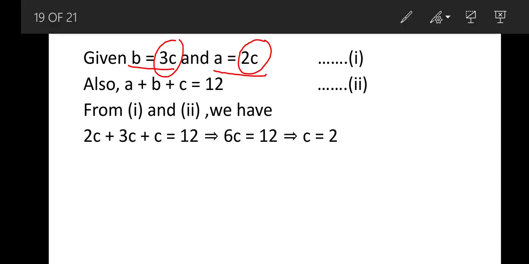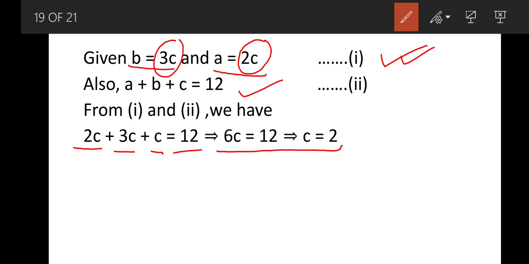I have taken the value of A as 2C from this equation, B as 3C from this equation, and C as it is, because the units digit is C. The sum is given as 12, so 6C is equal to 12 and C is equal to 2.